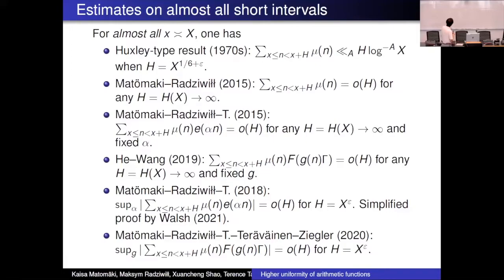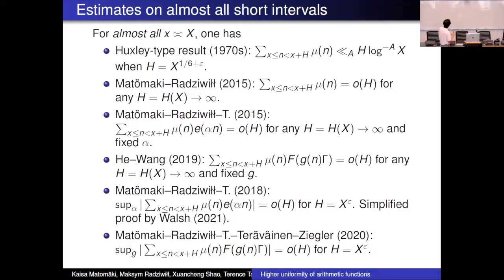This was extended more recently by He and Wang. You can replace this linear phase by either a polynomial phase or more generally a nilsequence. More recently, still building on the MSRI program that Andrew and I and others helped organize, in fact most of the organizers are here, we did finally get the uniform estimate that we wanted, but at a cost, which is a bit frustrating: we had to retreat.